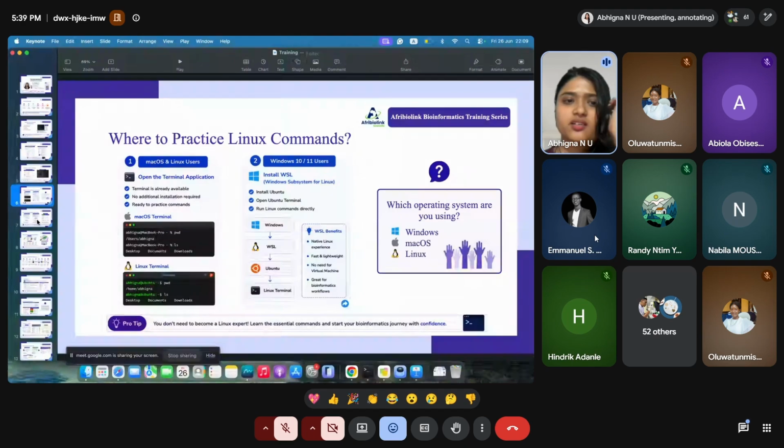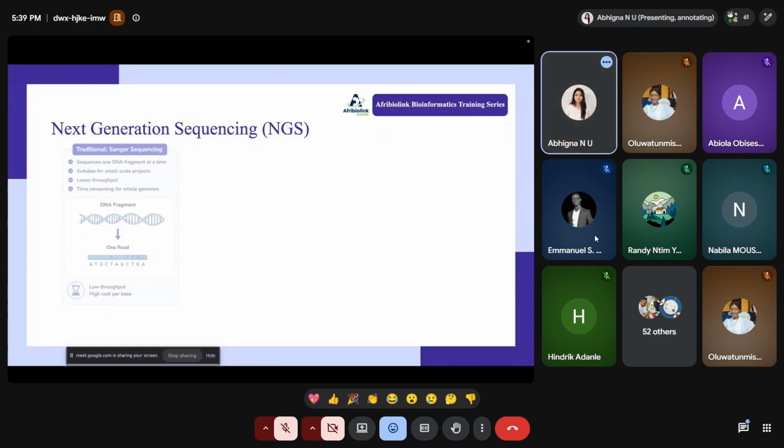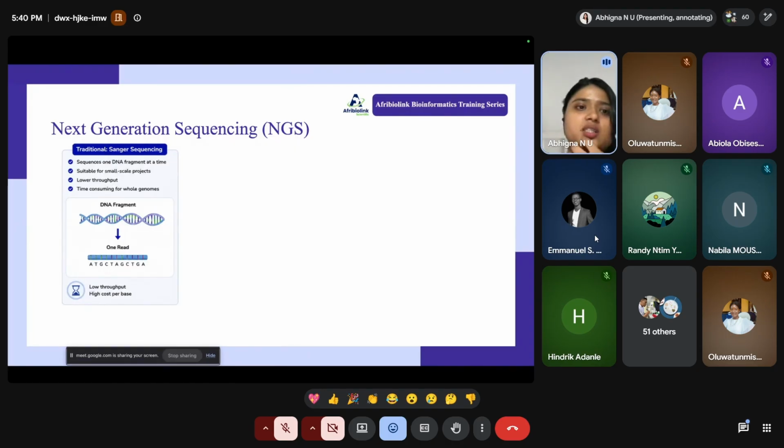Next, we'll move ahead to what is NGS sequencing. In order to first learn NGS, next generation sequencing, we have to understand what Sanger sequencing is. In Sanger sequencing, one DNA fragment is sequenced at a time, and it is for small scale projects.